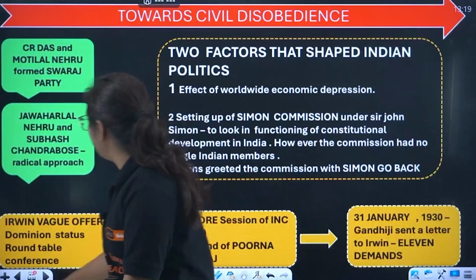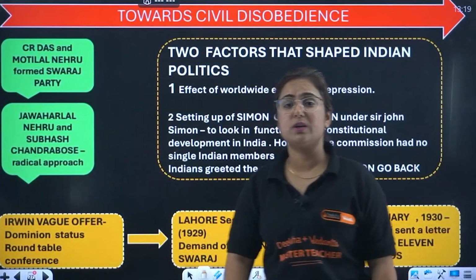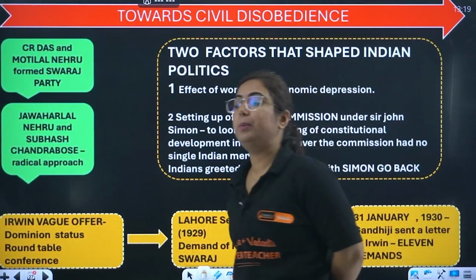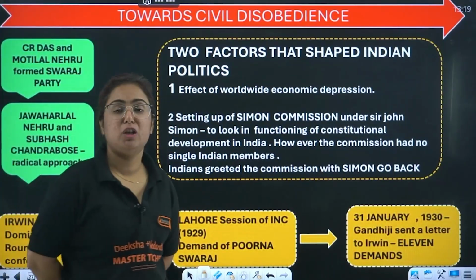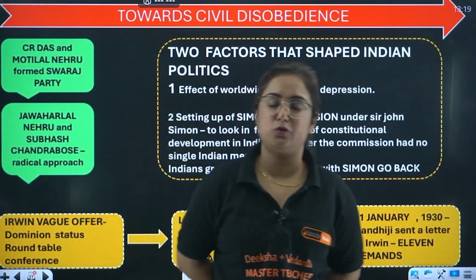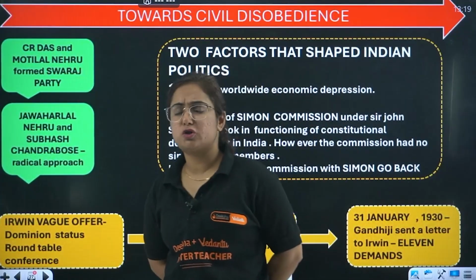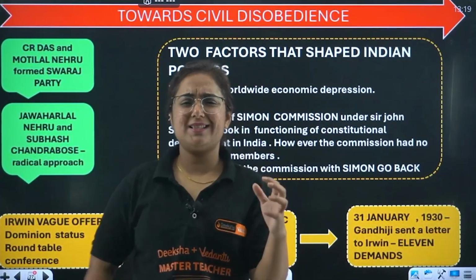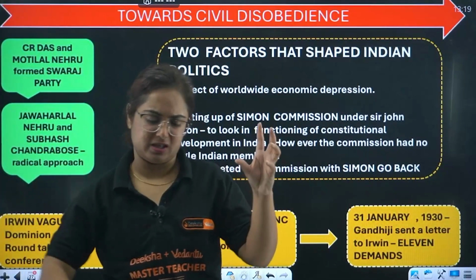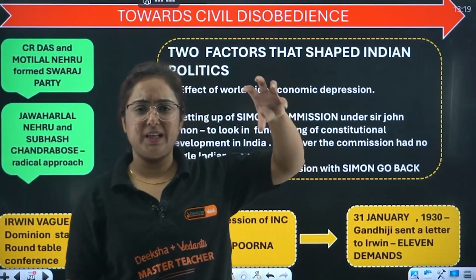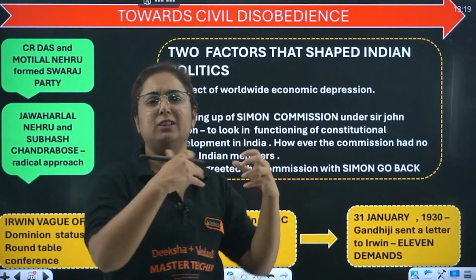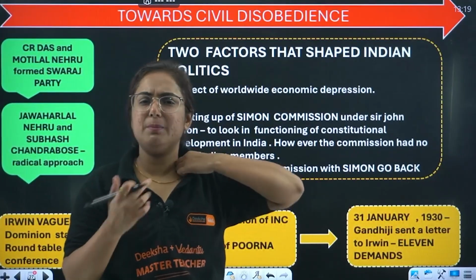Okay, chalo, great. Now we are moving towards what? Civil disobedience movement. Now how, ma'am? Beta, see, the non-cooperation movement was withdrawn, but after this there is a cycle of revolt and repression that goes on and on. The non-cooperation movement was considered a revolt, not in a violent manner but in a peaceful manner.